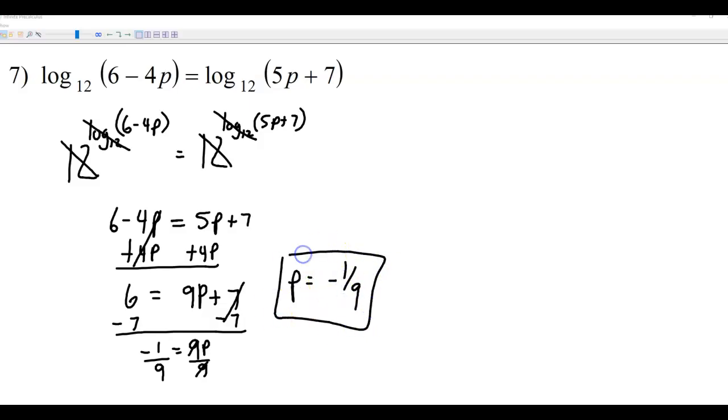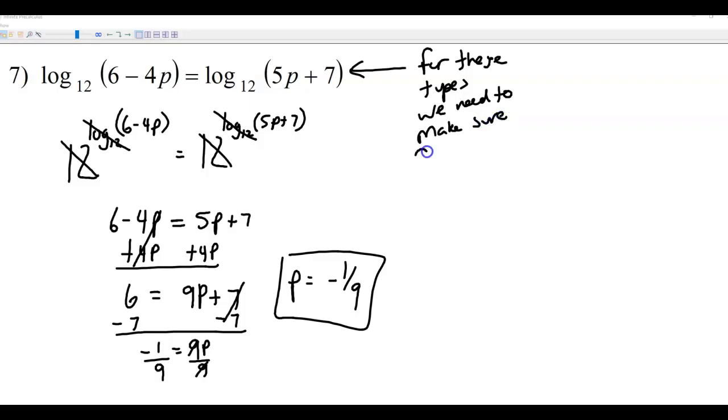Now, what is important about these types is we need to make sure our answer is not extraneous.